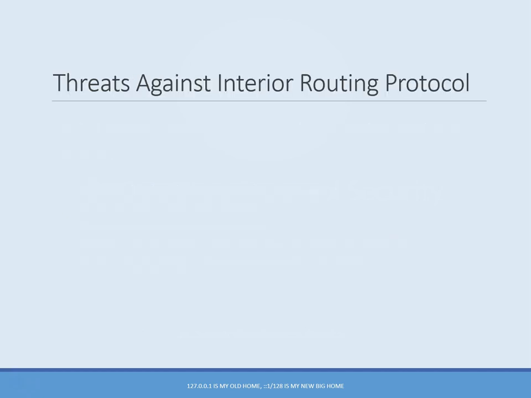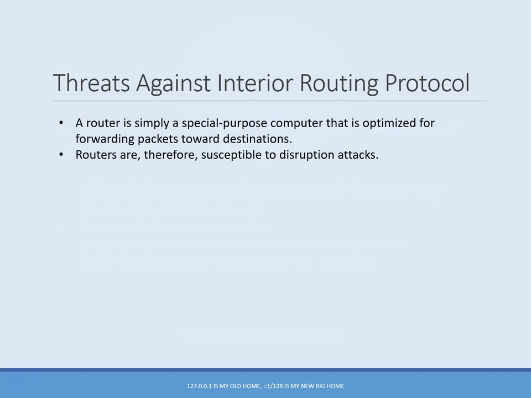There are some dangerous threats against interior routing protocols, especially the dynamic protocols. Simply, a router is a special purpose computer that is optimized for forwarding packets toward their destination.